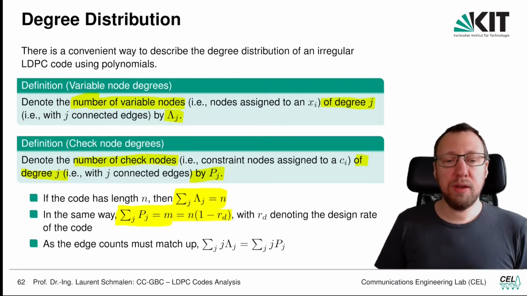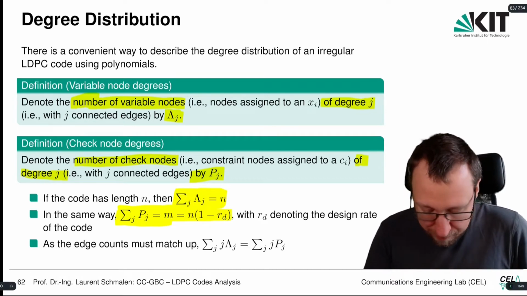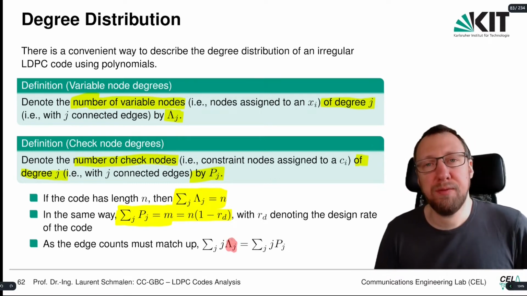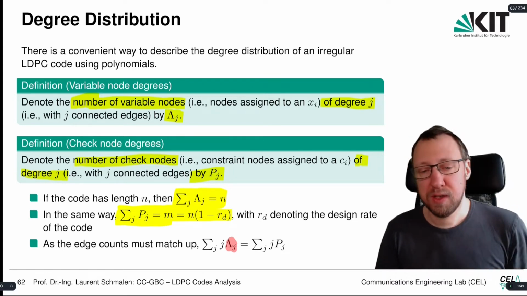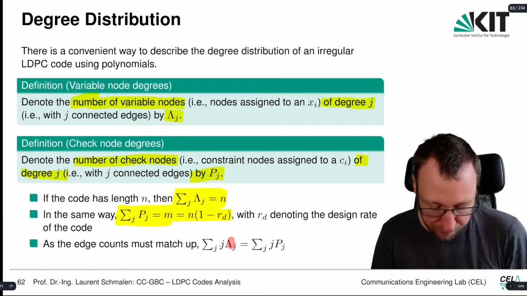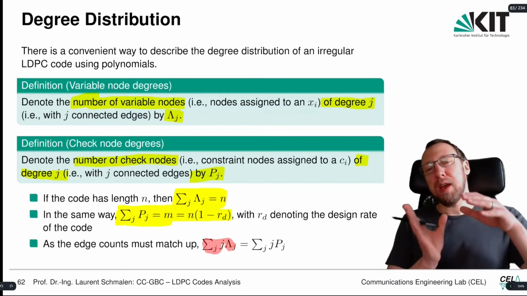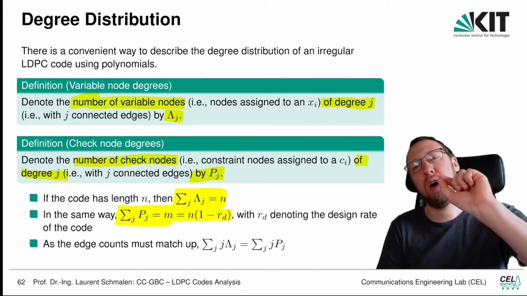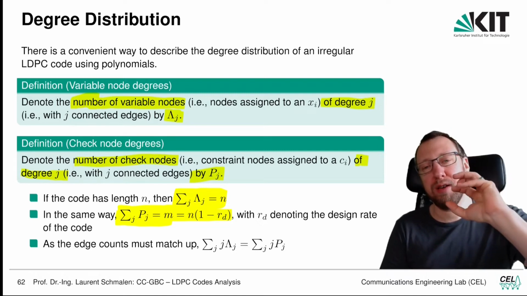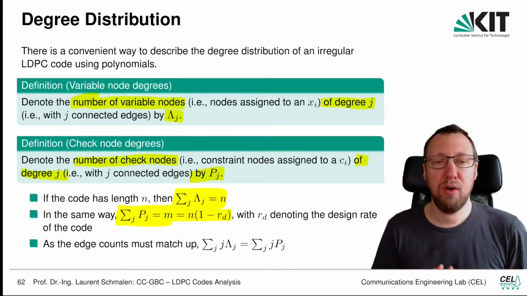And then we count the number of edges. So what is the number of edges? We have lambda j variable nodes of degree j, and each of those variable nodes has j edges. So the number of edges in the Tanner graph is the sum over all j of j times lambda j. That's when we count from the variable node side. We go to each variable node, we first count the number of variable nodes of degree j, the ones that have j connected edges, we multiply those by j, and then we get the sum of all the edges.